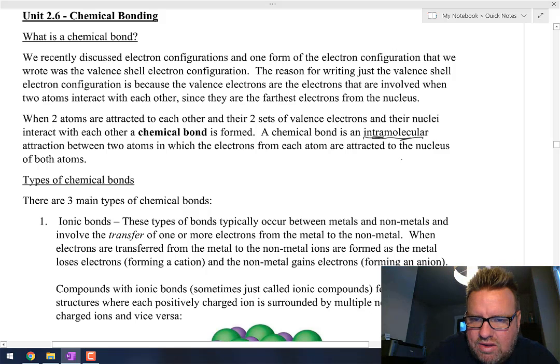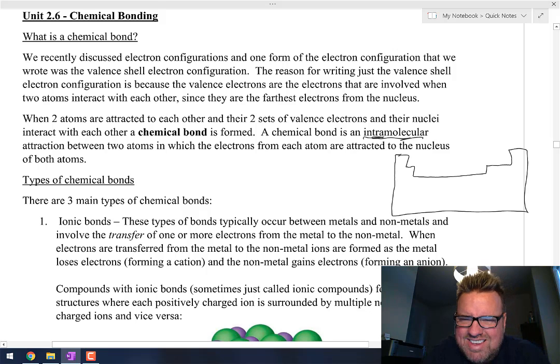So let's go back to a beautifully drawn periodic table here by me. Well, that's not bad, not terrible. Right over here between boron and aluminum, above the line is boron, and below the line is aluminum, there's a little stair step.